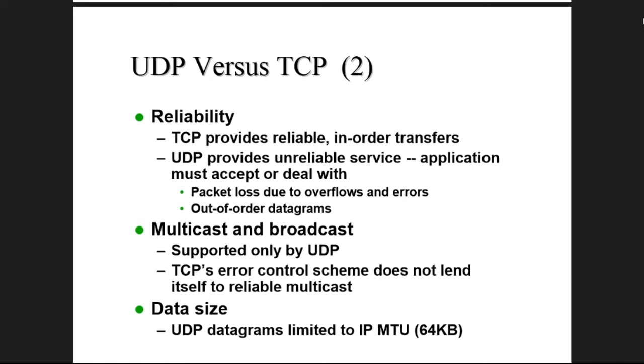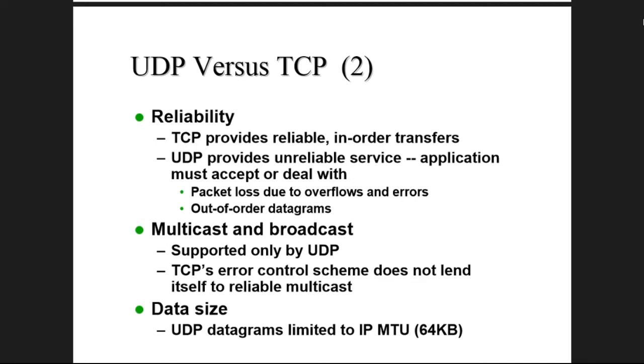TCP provides reliable in-order transfers, and UDP provides an unreliable service; applications must accept or deal with packet loss due to overflows and errors, and out of order datagrams. With respect to reliability, TCP is much more reliable than UDP.